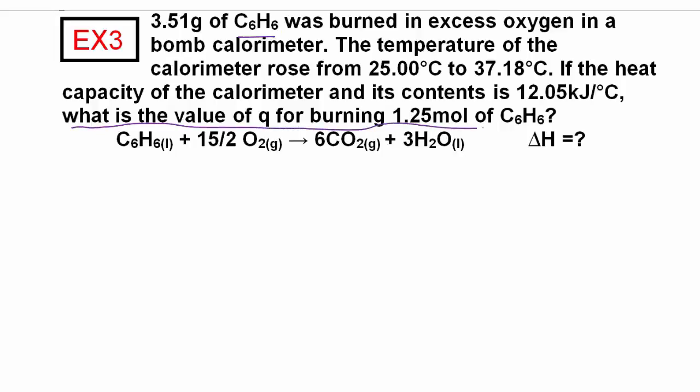If you're going to solve that type of problem, you need a complete thermochemical equation. You have to use delta H of the reaction. You need to find that first. So we need to find the enthalpy of the reaction first. Then we can solve the problem.